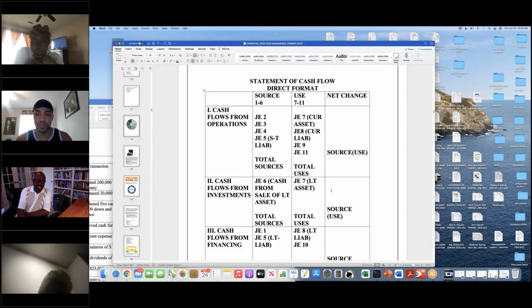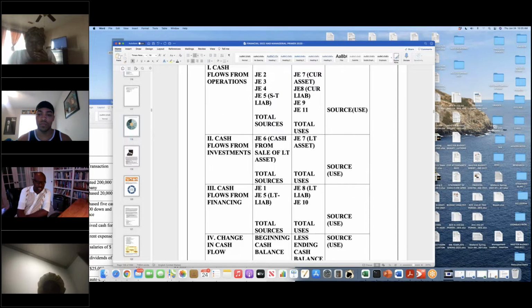It is in the business of expanding and adding more stores in virtual capacity and expanding internationally. And so we're looking for this number to be negative. So this, in part 2, is long-term assets. Current assets and current liabilities are in part 1. Long-term assets only are in part 2.